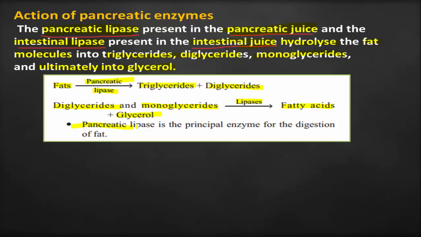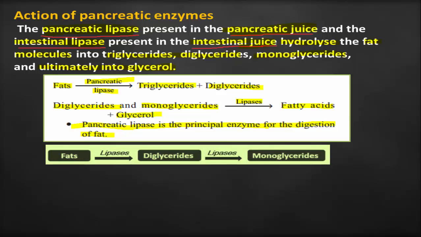The pancreatic lipase is the principal enzyme for the digestion of fat. Remember, after emulsification of the fat, the complete breakdown of the lipid molecule into fatty acid and glycerol is carried out by the pancreatic lipase. So pancreatic lipase is the principal enzyme, that means the main enzyme involved in the digestion of fat molecules.